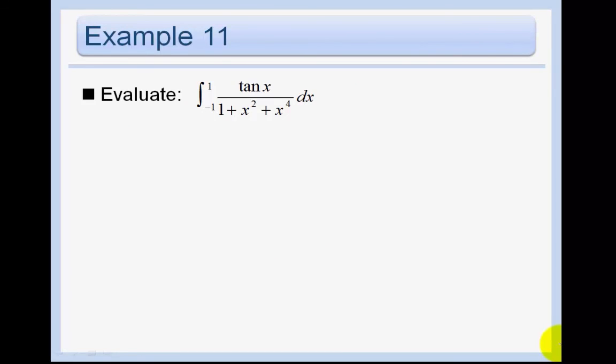We really don't want to take the antiderivative of that, do we? Since we're going from negative 1 to 1, we're going to keep our fingers crossed that perhaps this function is odd.